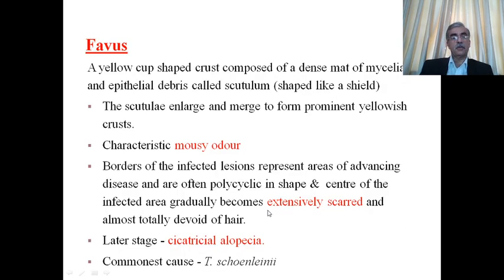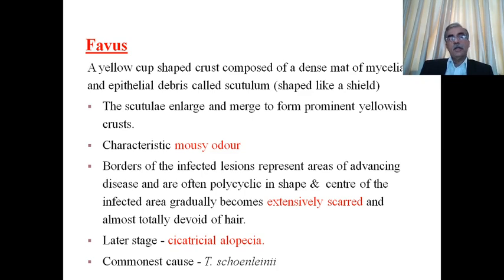Then another rare tinea capitis, that is Favus, which is although very rare, but commonly seen in children of Kashmir in our country. It displays yellow cup-shaped crust composed of dense mat of mycelia and epithelial debris, which is called scutulum, shaped like a shield or shaped like a cup.